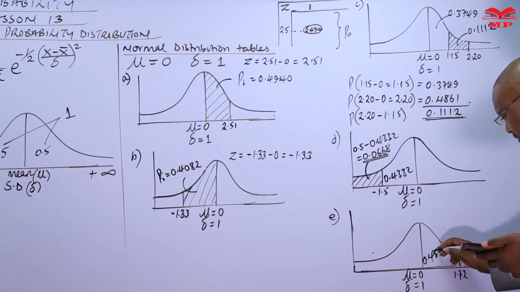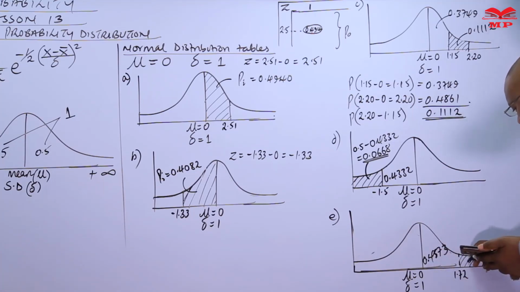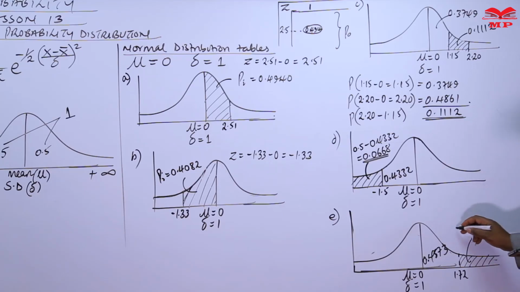So now this area becomes the difference: the whole of this half is 0.5 minus 0.4573. This is going to give us 0.0427. So 0.0427 is the area for 1.72 and above.